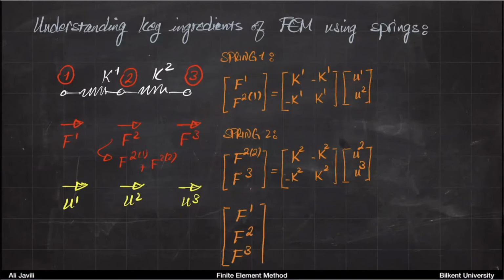And now again, these are like external forces, Fs, on those points, equal. We want to put something here, and then here on the right-hand side, we would have eventually U1, U2, U3.